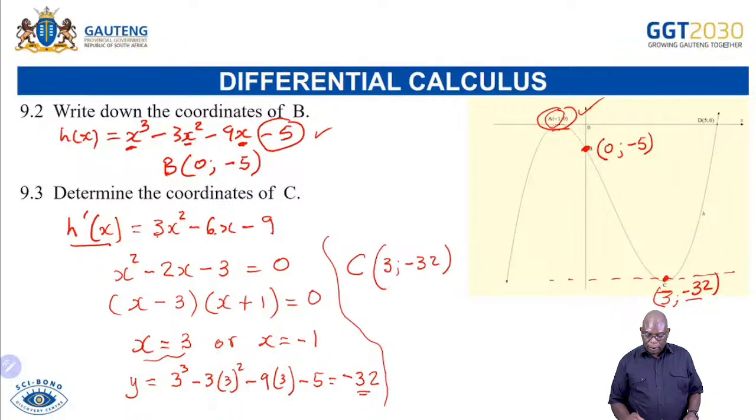-32 here, this is -5. So going down there, it can be down to -32. So I know if I got a positive number, then it means that it will be up here and then it will be incorrect. So on the sketch, I'm able to figure out whether I got this one correct or not. If I got a negative number which is closer to -5, then I know there's something wrong there.